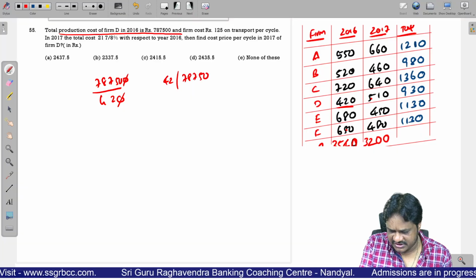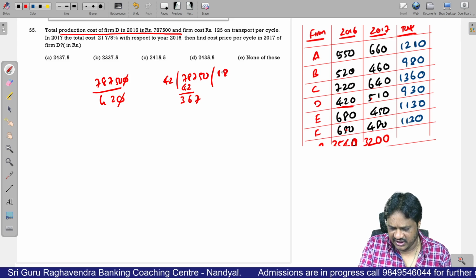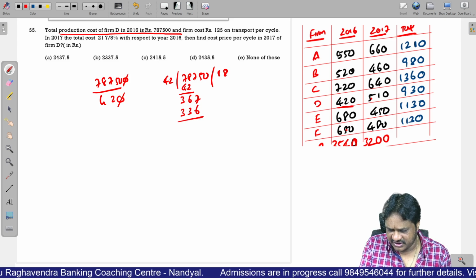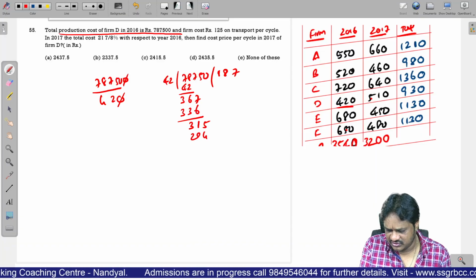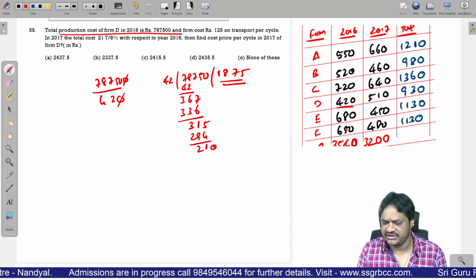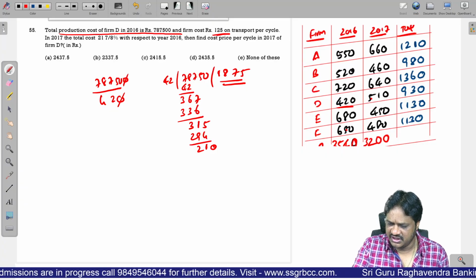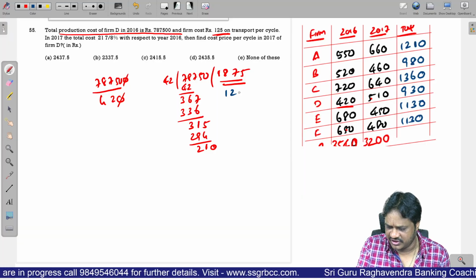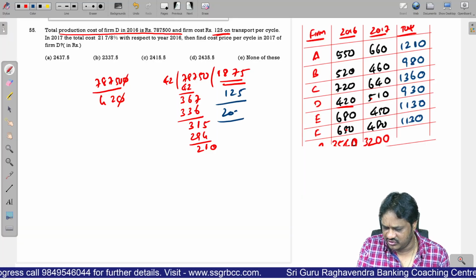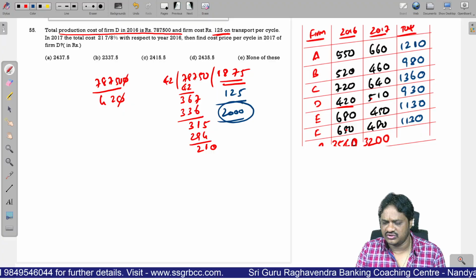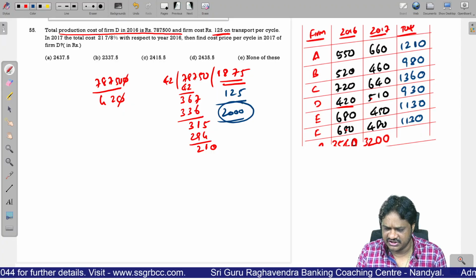I am dividing 7875 by 42. 42 ones 42. Then 367. 8 times 336. Then 7 times 294. Then 5 times. 1875 is the cost of each cycle for D in 2016 and transportation cost is 125. So total will be 2000, because transportation cost of each cycle is 125.